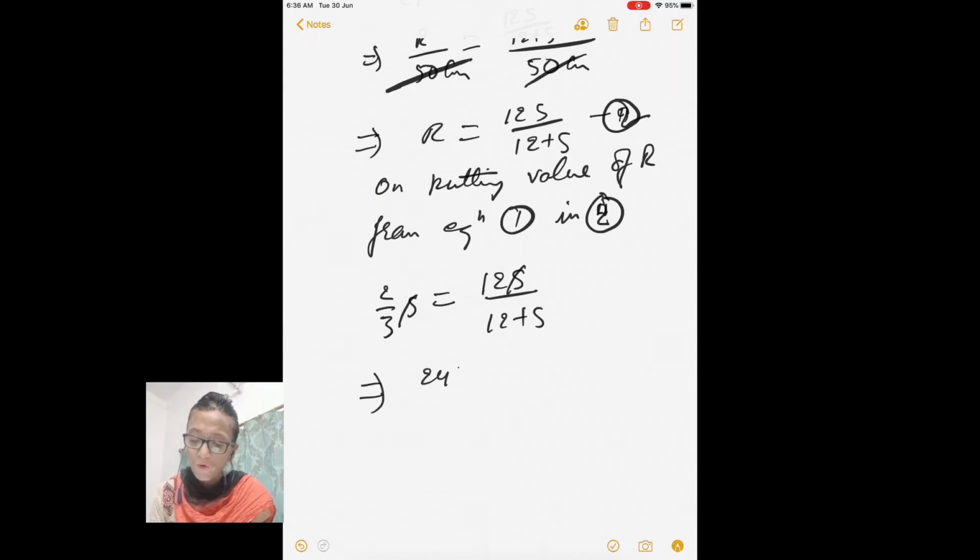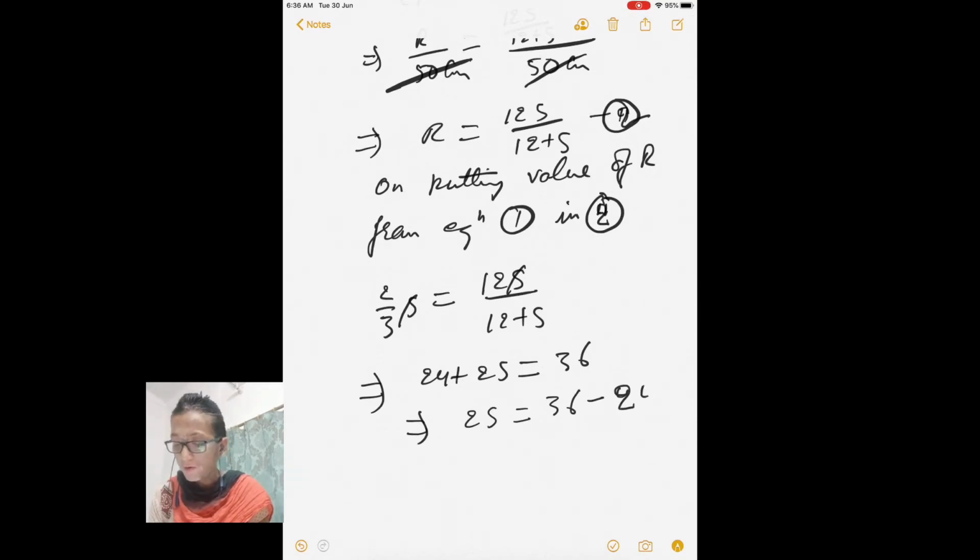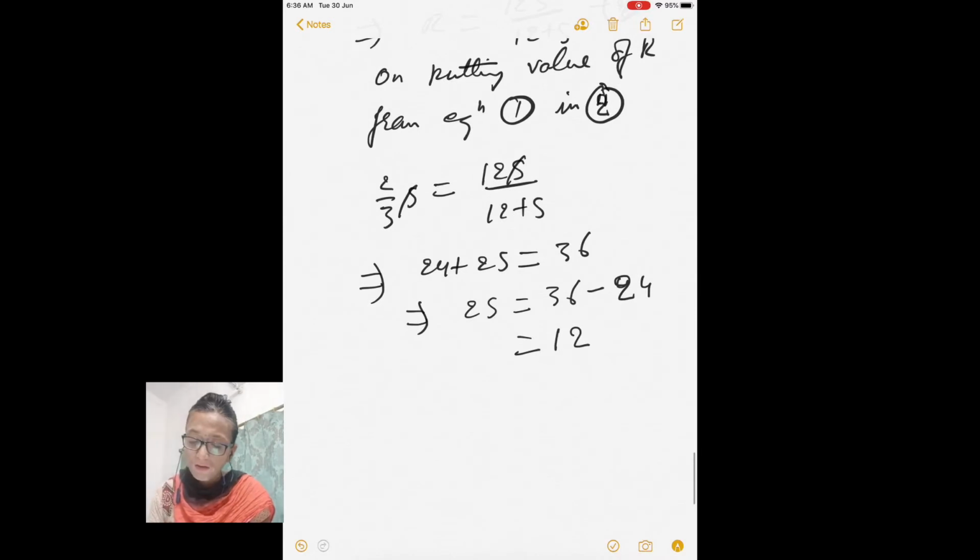So 24 plus 2S is equal to 36. It implies that 2S is equal to 36 minus 24, which is equal to 12, and therefore S comes equal to 6 ohm only.